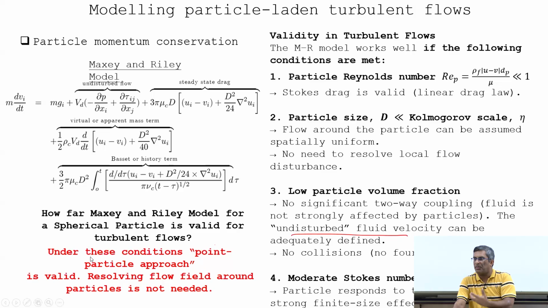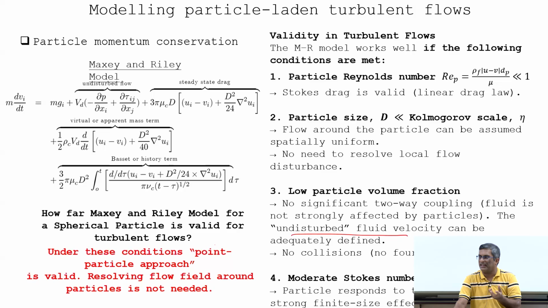What the point particle approach means is that the particles are considered as points. So we account for the force exerted by the particle, heat transfer by the particle, but we don't consider it to occupy some finite space. So this is a modeling approach.